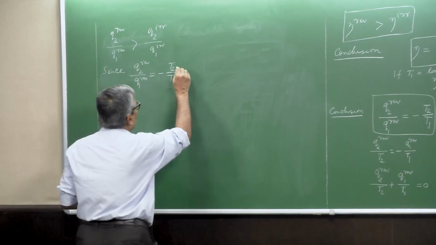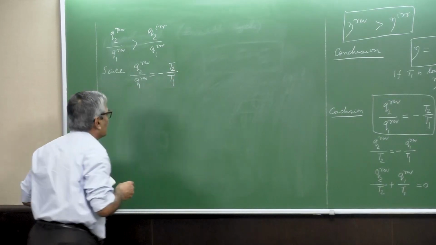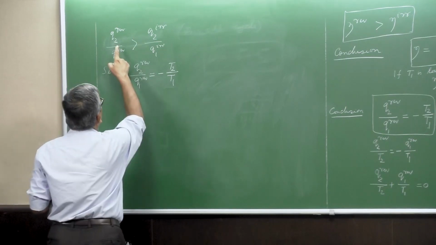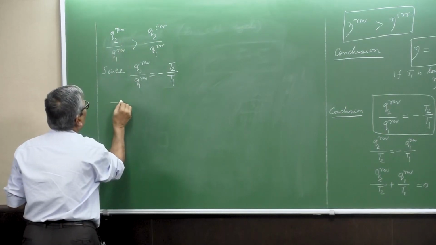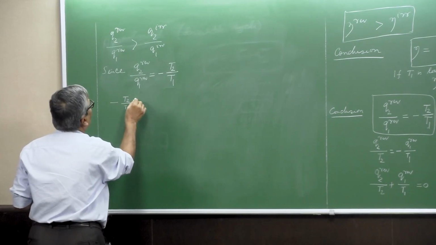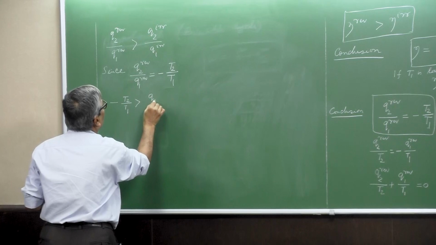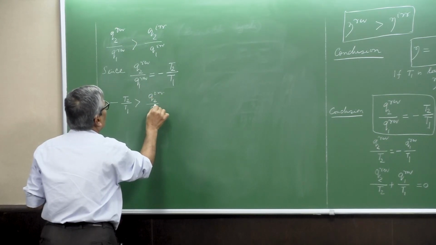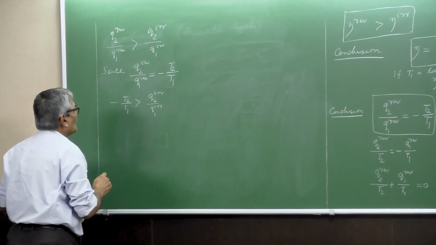So we replace this part, so it is minus T2 by T1 greater than Q2 irreversible by Q1 irreversible.